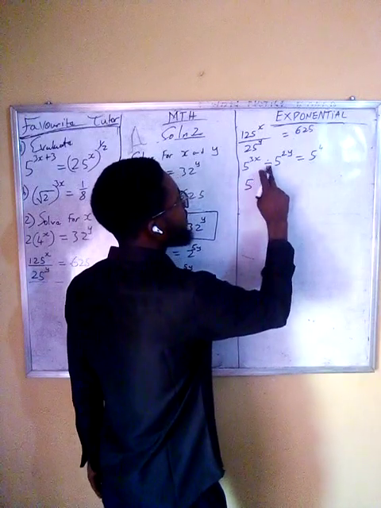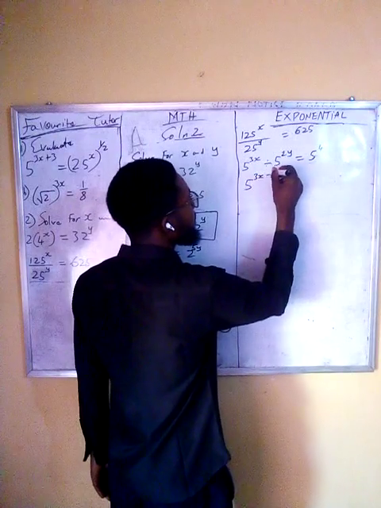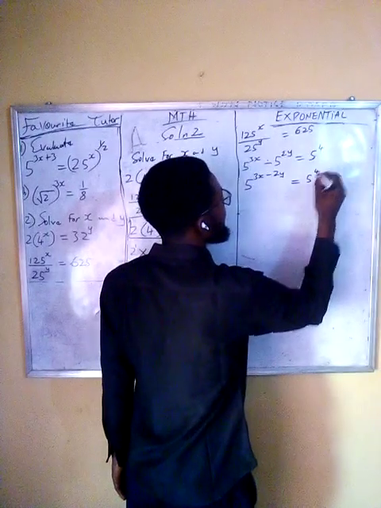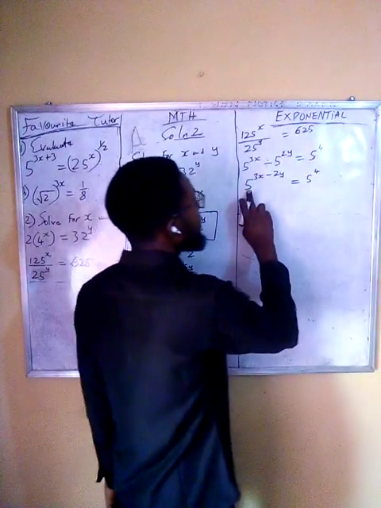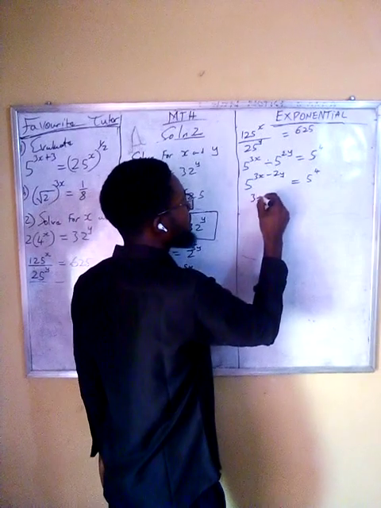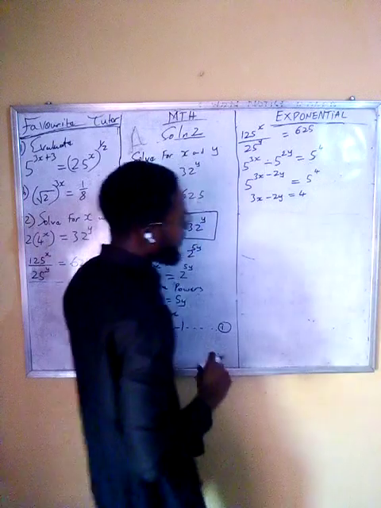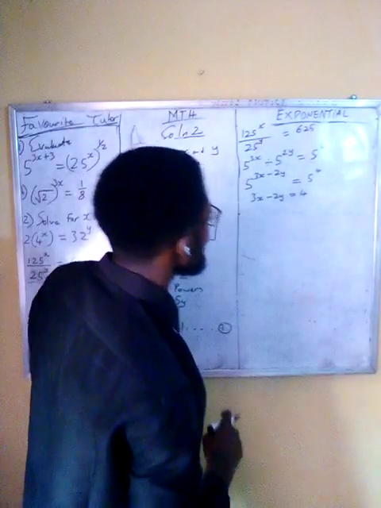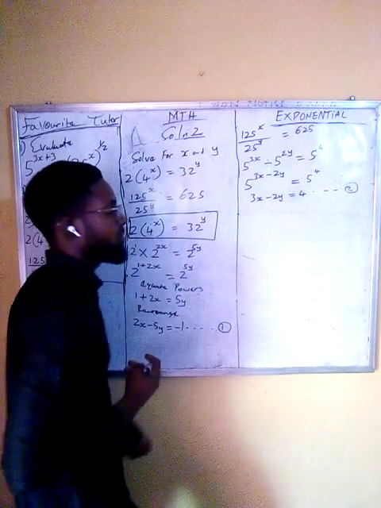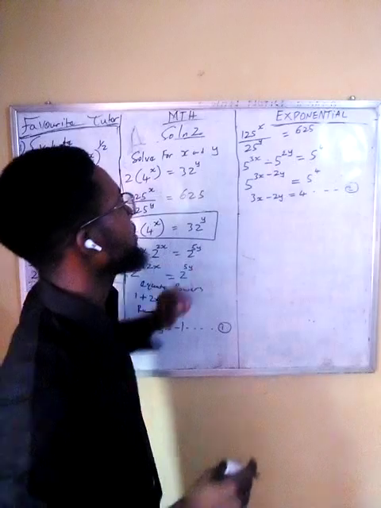Due to division, we subtract the power: 3x minus 2y equals 5 raised to the power of 4. The values are the same, so we equate powers: 3x minus 2y equals 4. We call this equation 2.